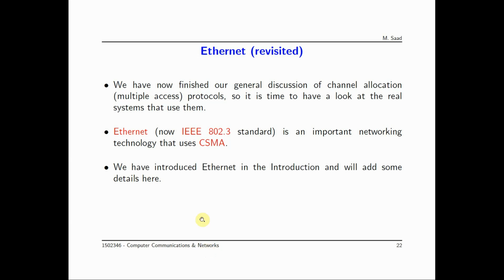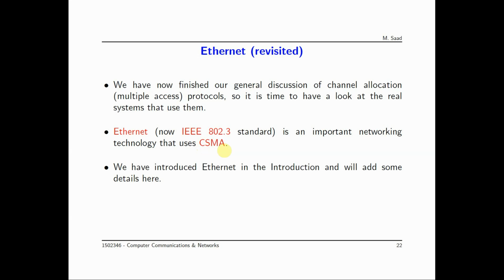Now, in this video, we would like to talk about some example networks that use some of these multiple access techniques that we covered in the previous videos. For example, we talked about CSMA, carrier sense multiple access, which works as follows. If a station has something to send, sense the channel, try to detect if there is an ongoing transmission.